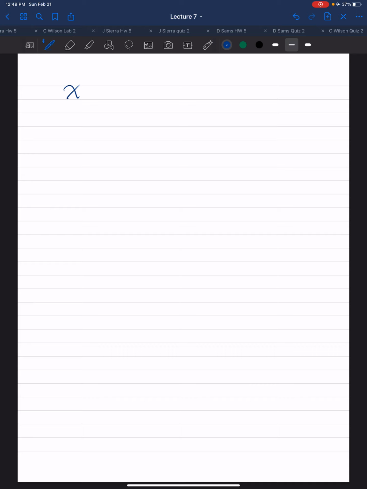So once again, m is equal to 6x minus 3x squared over 2. So x is in meters, m is in kilonewton meters.